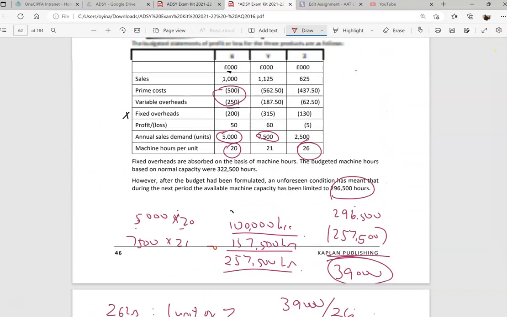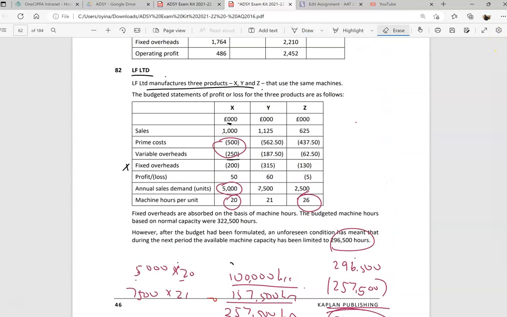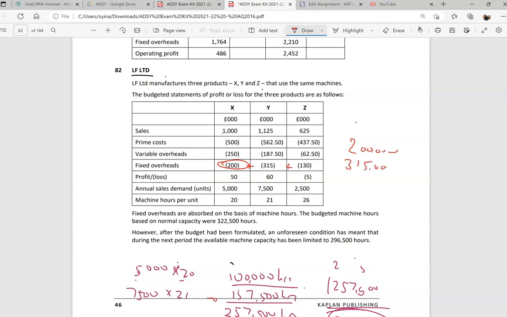So in a way, this is where you need this information now. Somehow someone has decided that the overheads are, well, to be fair, this is total, so this is a really good question. This has just been split because these are totals. It just tells us this is the total, because this is a budget, isn't it, for totals? So the fixed total overheads, of course, is the sum of these individual parts, isn't it?